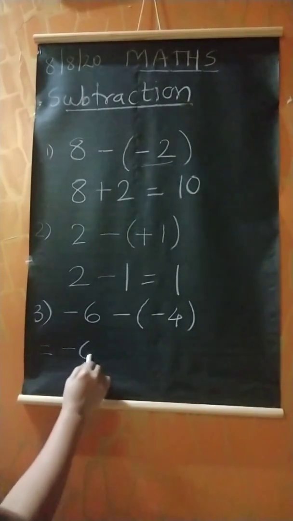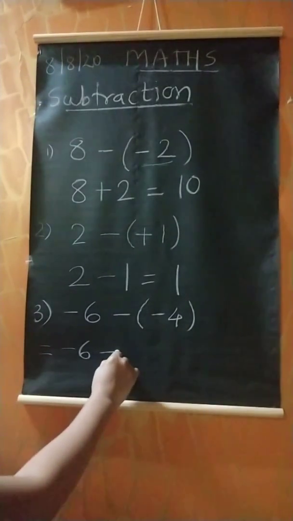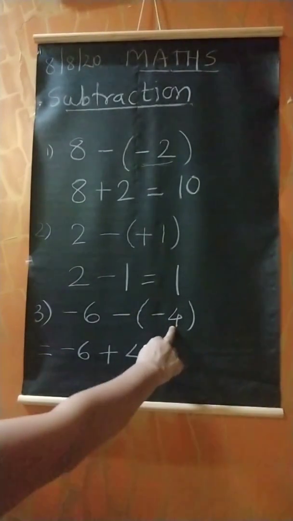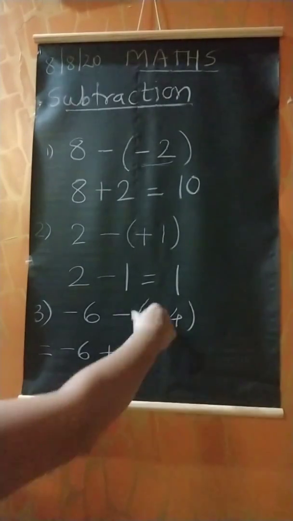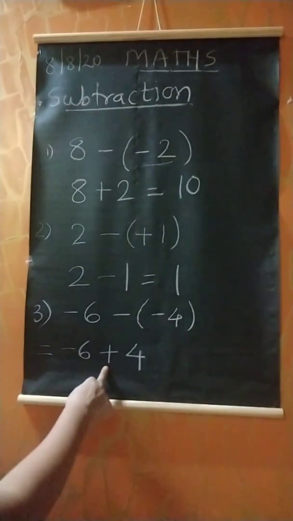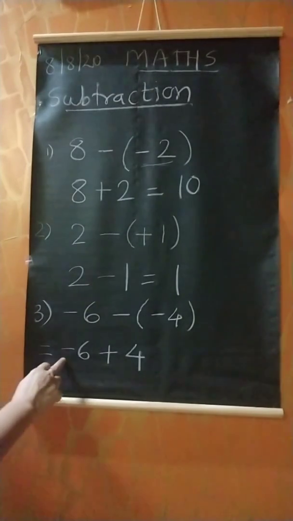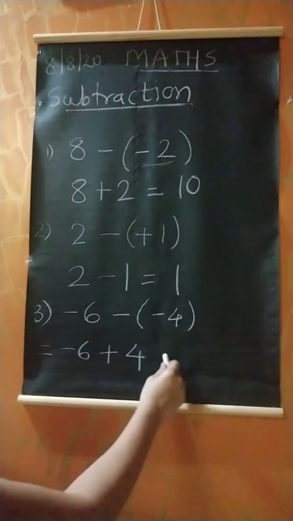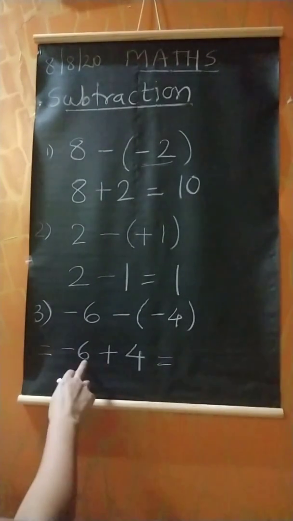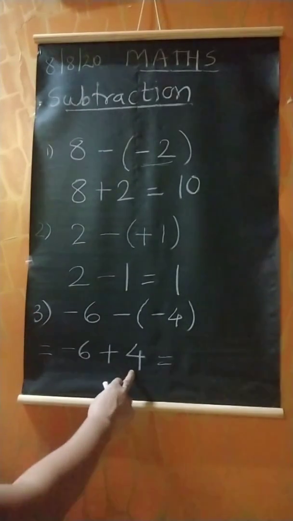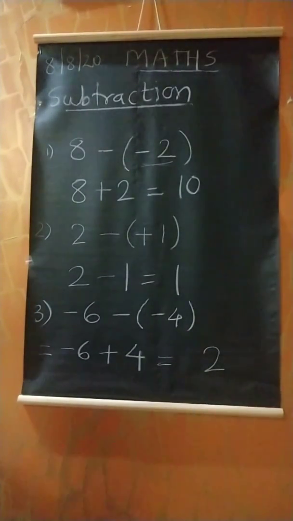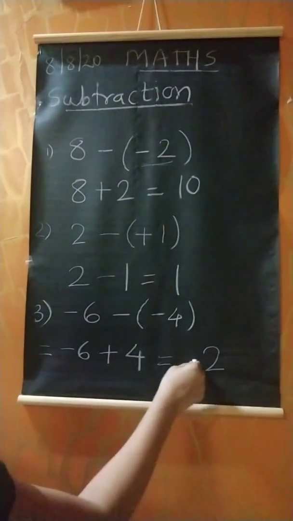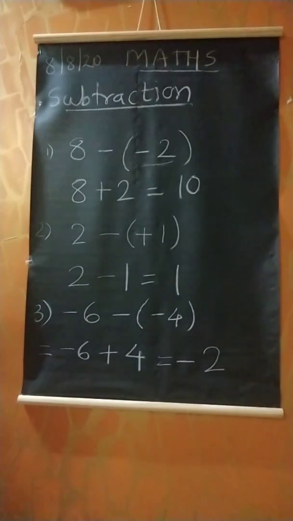So minus 6 plus 4, because this 4 has a minus sign and it will change to plus. Now your sum has one number with a minus sign and one with a plus sign. That's why we are subtracting. So 6 minus 4 is 2, and 6 is negative and a bigger number, so the answer will be minus 2.